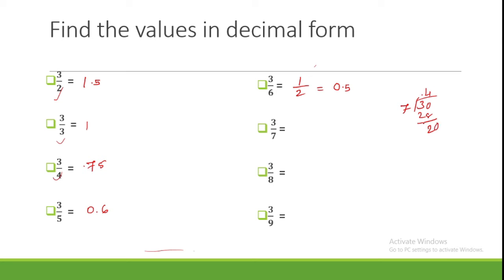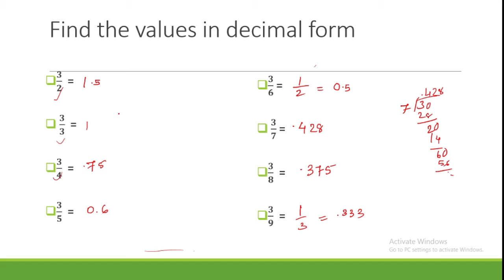So, we got 0.428. Now, what is 3 by 8? Quickly calculate, it is very simple. And what is 3 by 9? 3 by 9 is nothing but 1 by 3. So, 1 by 3 is 0.333. And 3 by 8 is 0.375.